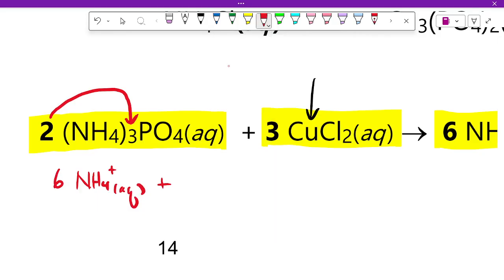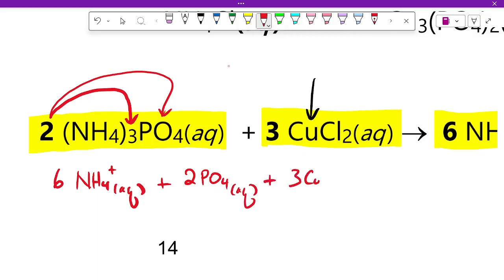Plus, how many PO4s? 2 PO4s. Plus, how many coppers? 3 coppers.